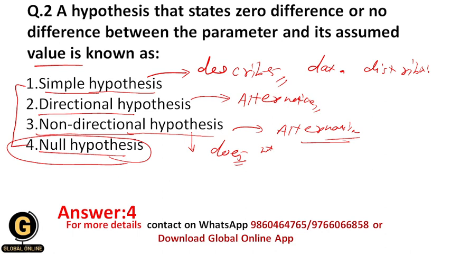Okay, and that's why whenever we need to test the directional hypothesis, for that we do the two-tailed test. Okay, two-tailed test. And for non-directional hypothesis, for testing this kind of hypothesis we opt for one-tailed test. All of you getting? And that's why your correct answer is 4.